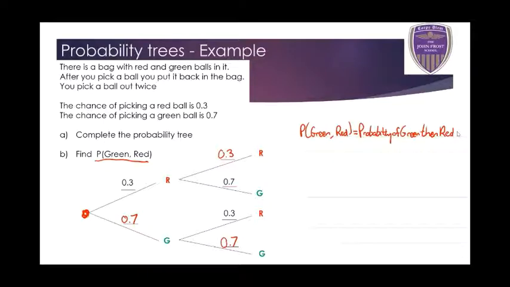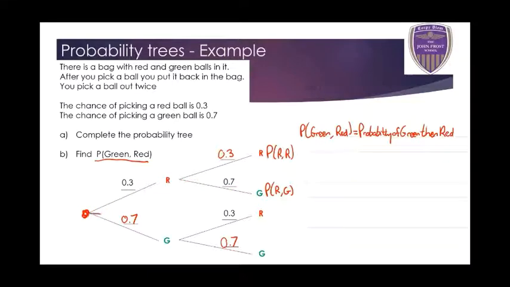So we're looking for the outcome that shows we picked a green ball and then we picked a red ball. If we follow the tree, picking a red ball then a red ball would be P(R, R). If we picked a red ball first and then a green ball, that would be P(R, G), red then green.